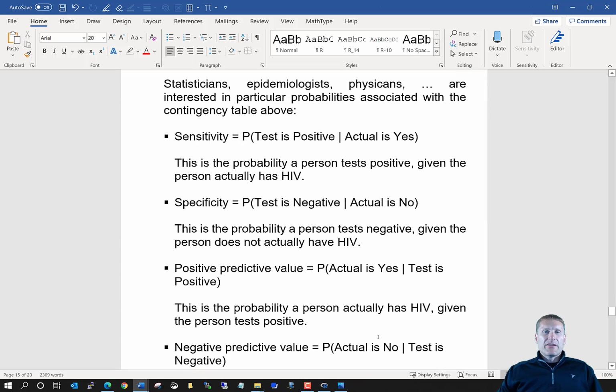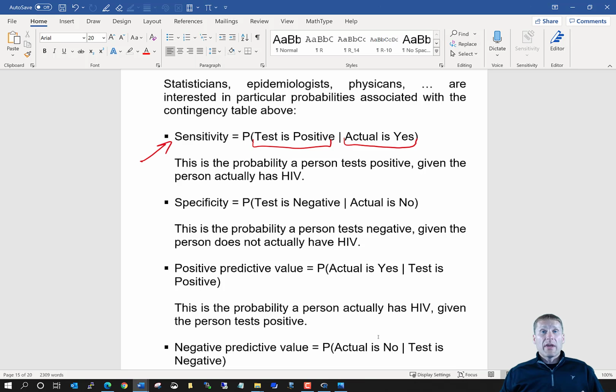So statisticians, epidemiologists, and physicians are all interested in probabilities corresponding to that table that I just showed you, relative to conditional probabilities. One of the probabilities they're interested in is called the sensitivity, which is the probability that you test positive given that you are actually truly positive.